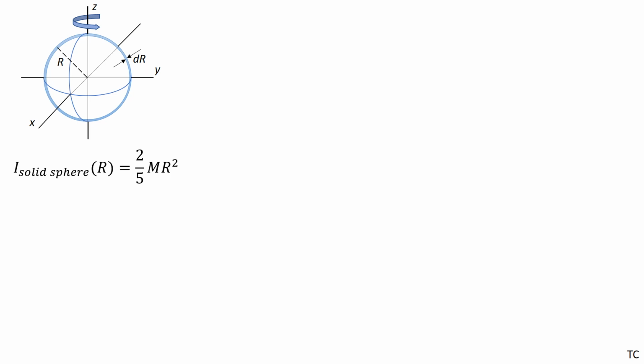But to go back, the moment of inertia of a solid sphere where the axis of rotation is through its center is 2/5 mr squared. And here I've written it as a function of r just to emphasize the dependency on radius. Expanding out the mass term of the solid sphere, you can write it as rho times the volume, where the volume of the sphere is 4/3 pi r cubed.